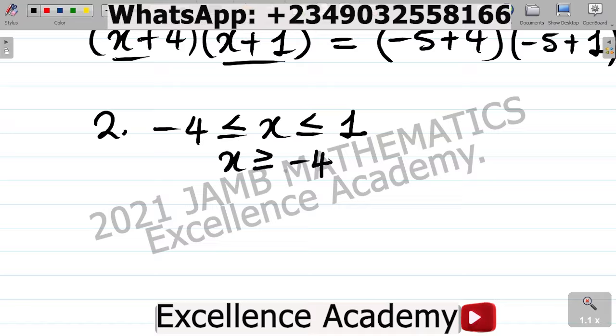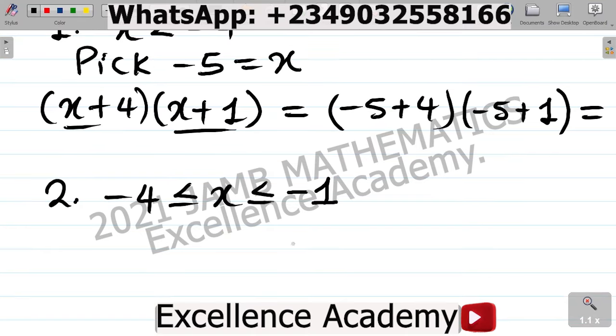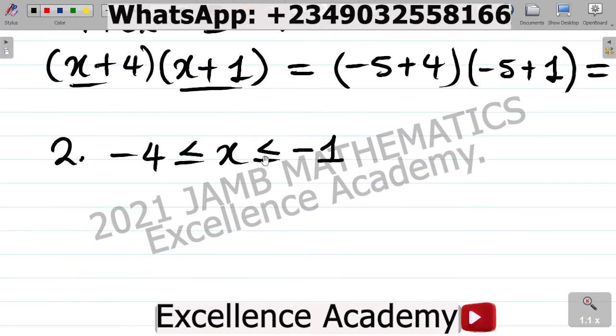We'll pick a number that is greater than or equal to minus 4, and at the same time, less than or equal to minus 1.